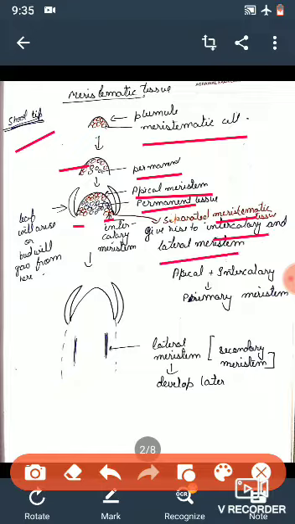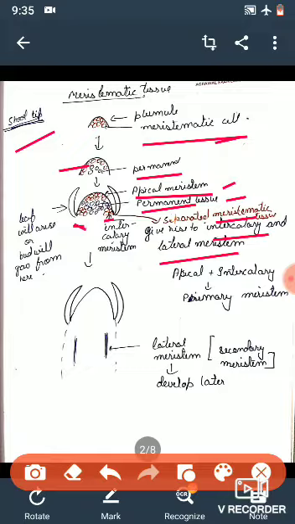Okay, in the plumule region, meristematic cells are there. When they are dividing, they are forming the apical meristem and the permanent tissue. From the apical meristem, some of the actively dividing cells get separated, this side and this side you can see.